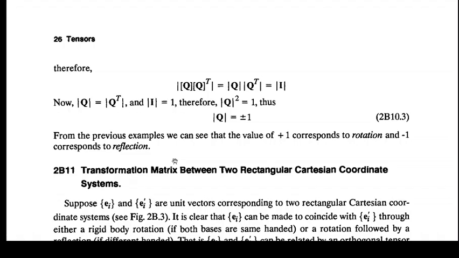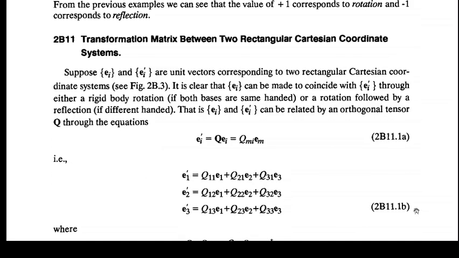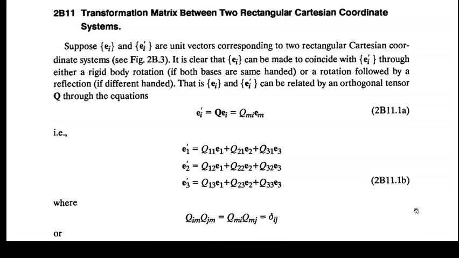Now we will go for the transformation matrix between two Cartesian coordinate systems. We have two Cartesian coordinate systems, and with the help of the transformation matrix we can go from one system to another, and we will see that this matrix must be orthogonal.